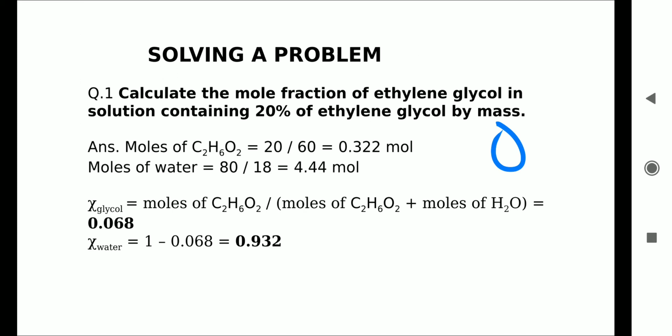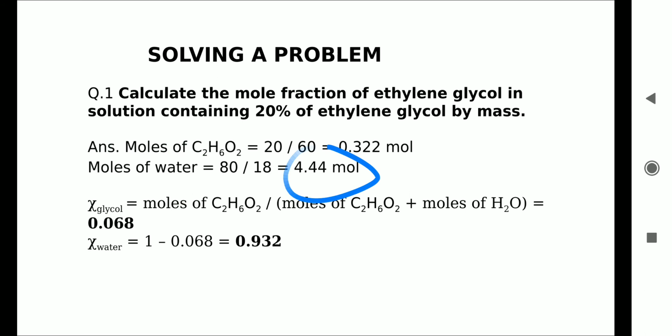So, moles of ethylene glycol, C2H6O2 being the formula for ethylene glycol, is equal to the mass of ethylene glycol upon the molar mass of ethylene glycol. So it will come out to be 0.322 mole. Moles of water will be the mass of water upon the molar mass of water. So it will come out to be 4.44 mole.